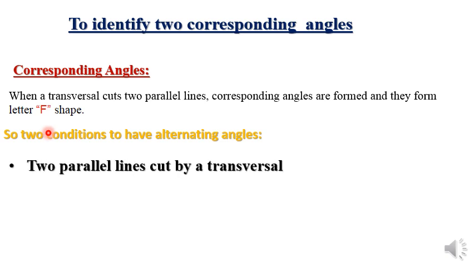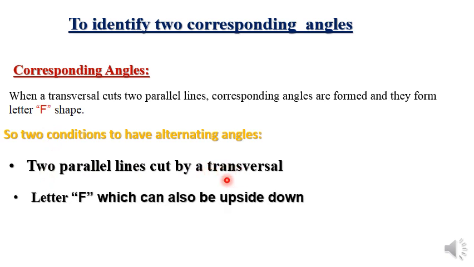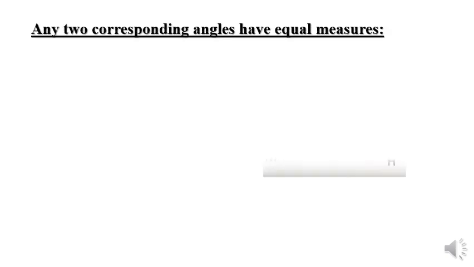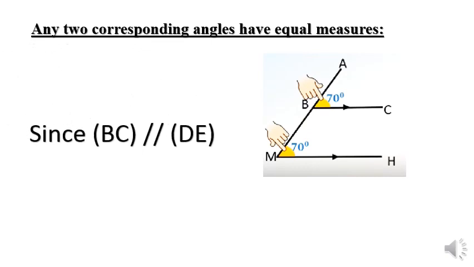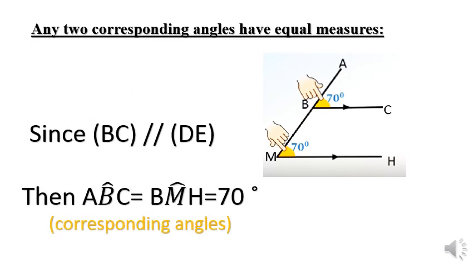One, we must have parallel lines cut by a transversal. Two, they make an F shape. So what is the property of corresponding angles? When we have parallel lines, then the formed corresponding angles are equal.